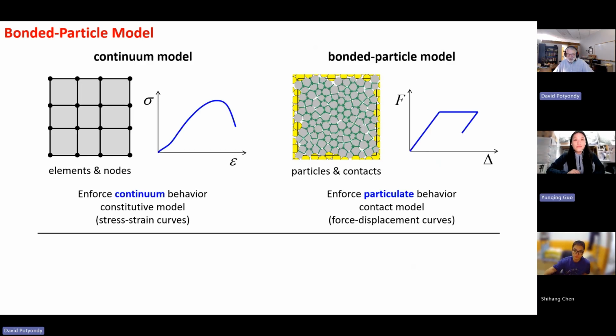Instead of idealizing a material as a continuum, we can idealize it as a bunch of particles that push against each other, and all of the strength is only going to happen at the contacts. One simplification we could make is to say that the particles have a shape, but they do not change shape. They are what we call rigid. Rigid means they don't change shape.